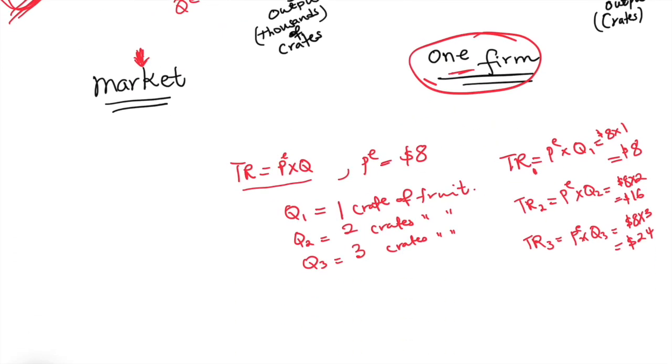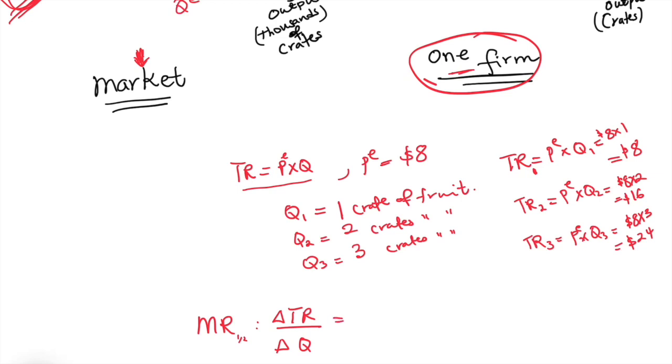our price is 8. Now, marginal revenue, as you go from producing 1 to 2 crates, right? 1 to 2 crates, well, that will be the change in total revenue divided by the change in quantity or output or total products.